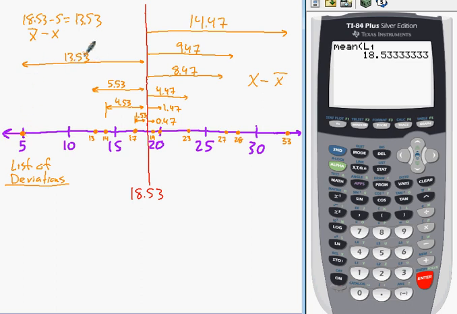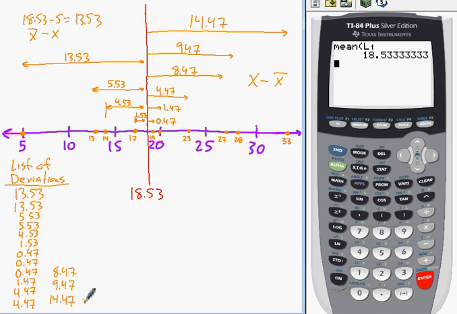There's not one deviation of 13.53. There are actually two 5s, so there are two of those. And so if we're going to average them, we just need to make sure to accommodate every single data point. So there are all of the individual deviations, and there should be 15 of them because there are 15 original data points. Now what we can do is say, all right, let's find the mean of these 15 deviations.